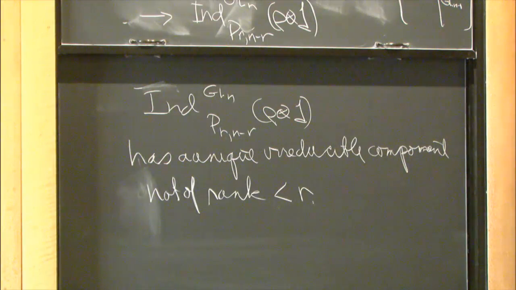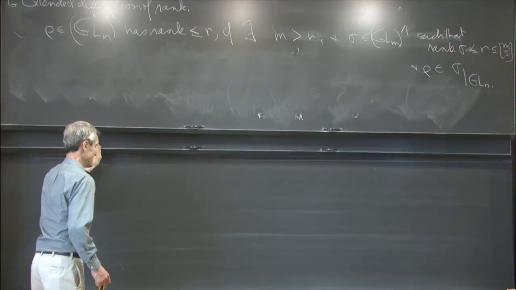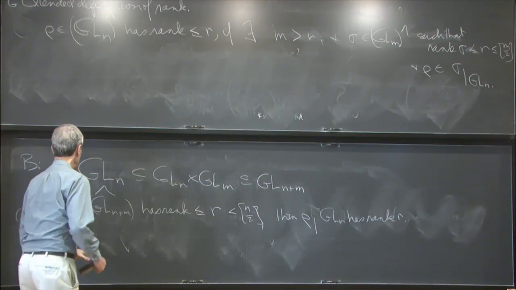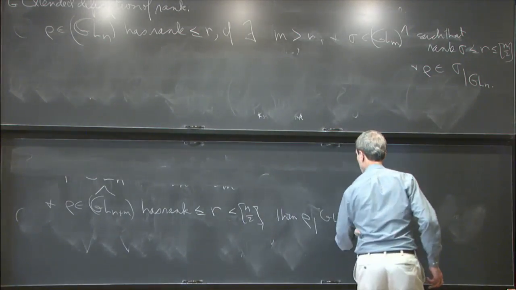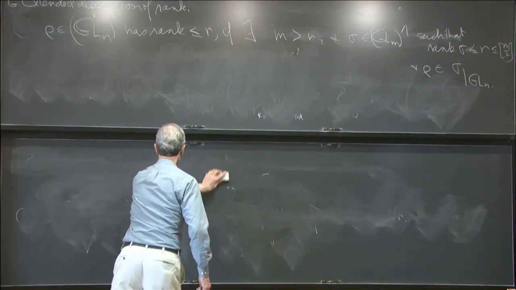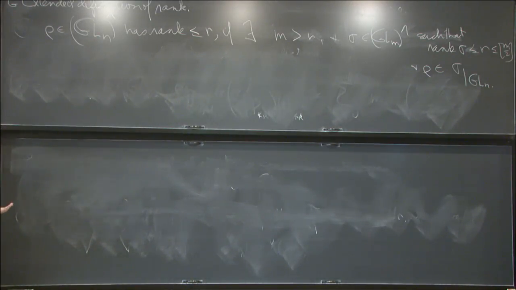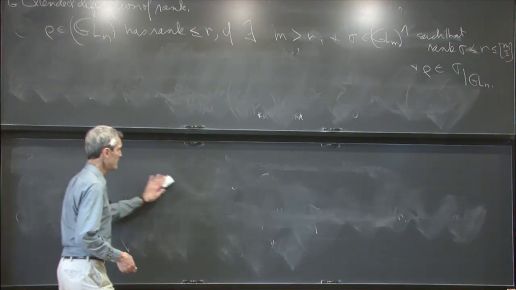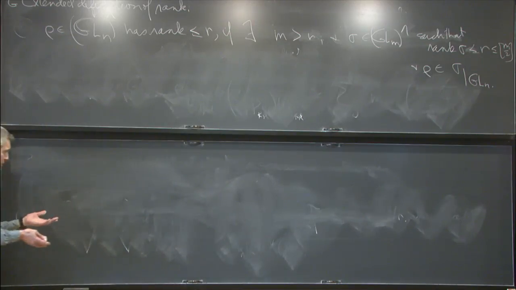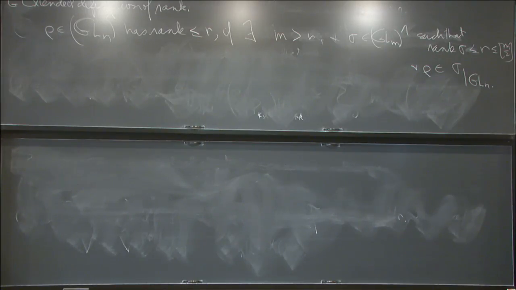Lusztig has given a classification of the representations of finite reductive groups, and in particular for GLN, they had been classified earlier by Green, but Lusztig gave a new parameterization in terms of conjugacy classes in the Langlands dual group. And the Langlands dual group for GLN is just GLN.